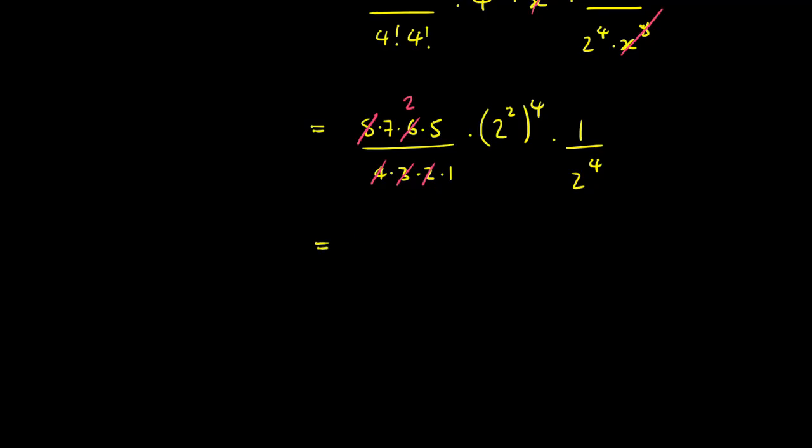I've now got 7 times by 2 times by 5 times by 2 to the power of 8, right? Because I multiply these two powers together, and then divided through by 2 to the power of 4. And of course, I can then simplify this by subtracting the power. So 8 minus 4 is 4. So this becomes, right, 7 times by 2 times by 5 times by 2 to the power of 4.